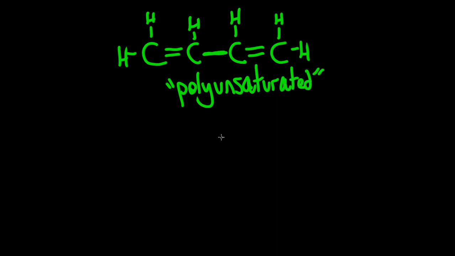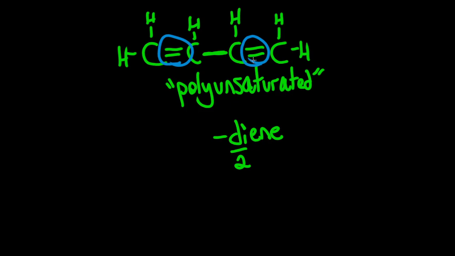And it's going to have the suffix diene, okay? Di meaning two, and ene meaning double bonds, carbon-carbon double bonds, which makes sense. I've got 2 double bonds in here. I've got one there, and I've got one there.